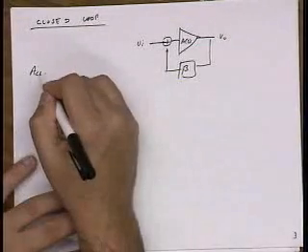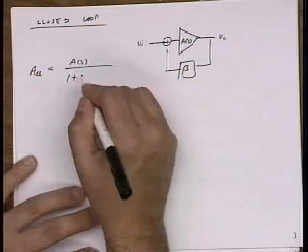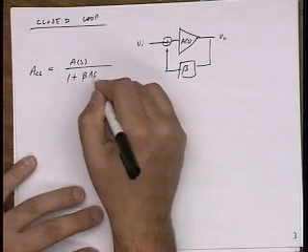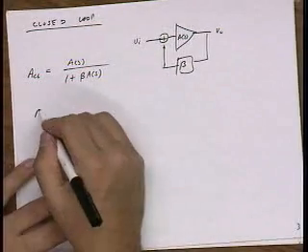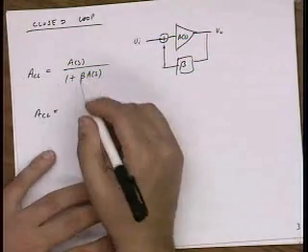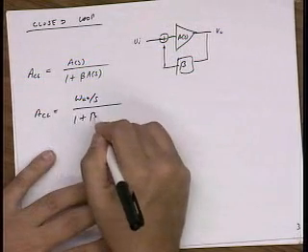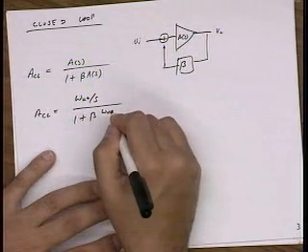And we know, of course, that the closed loop gain is the open loop gain divided by 1 plus the loop gain. Okay? And if I now substitute for A of S in midband frequencies, that's omega UA over S, 1 plus beta omega UA over S.